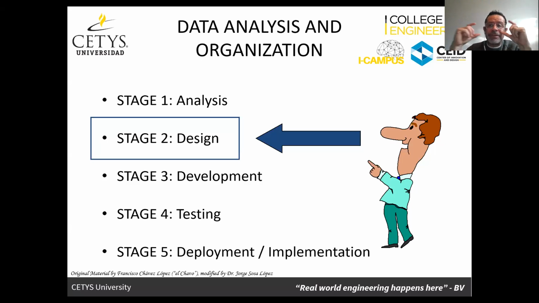That's the purpose of the analysis stage: to understand the situation, the process, the system, the problem, and have enough inputs to be able to now start designing the solution.